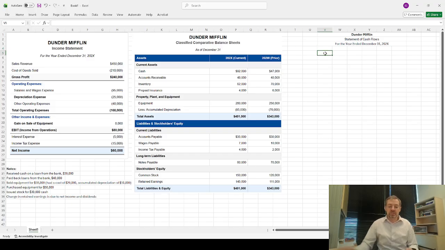All right, now we're going to start with the operating section. Or we could more specifically say cash flows from operating activities. And we start with the net income. In this case, it's going to be the $60,000 of net income.